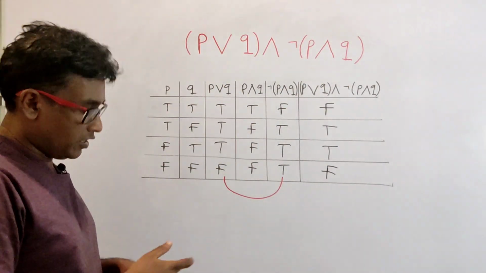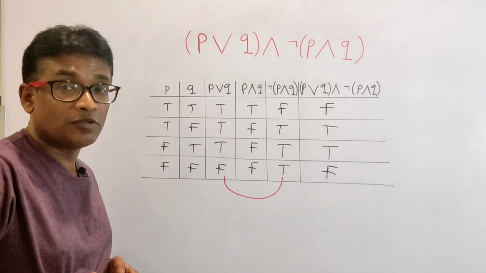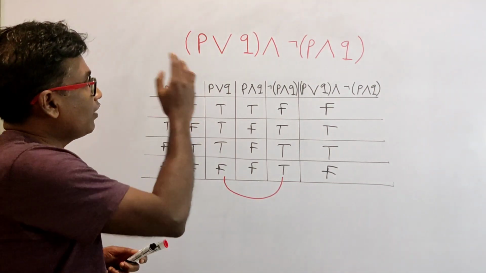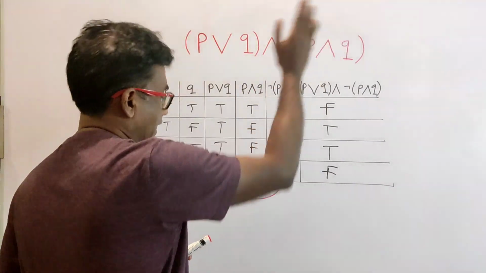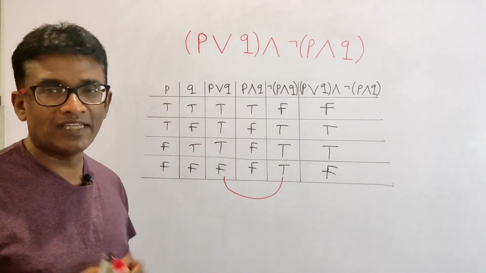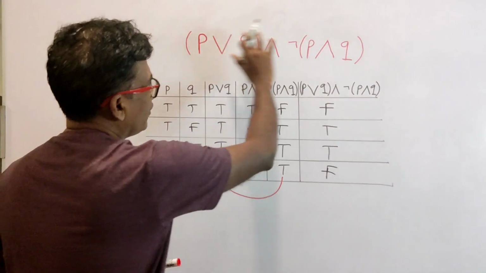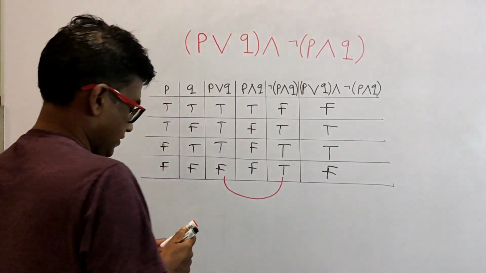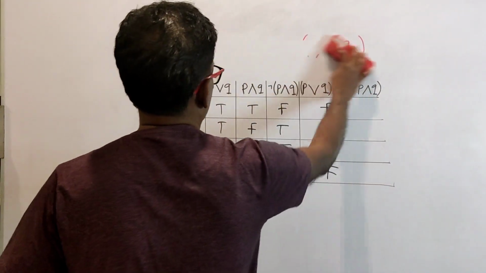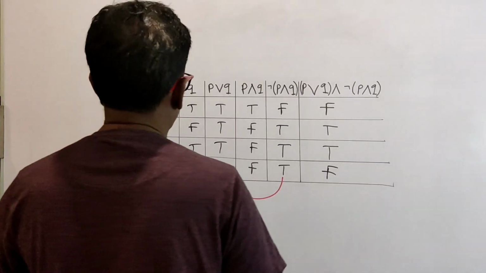Okay. Now we call this compound proposition exclusive OR. Right? Exclusive OR. P or Q and not P and Q. You will come across this concept when you study naive set theory, and instead of writing it like this, we use a new symbol for exclusive OR.